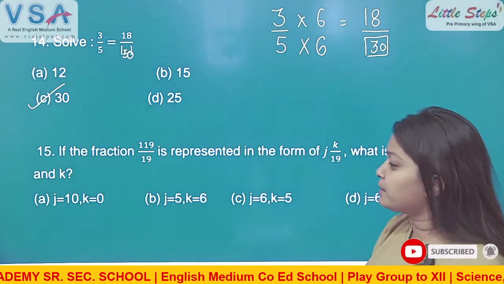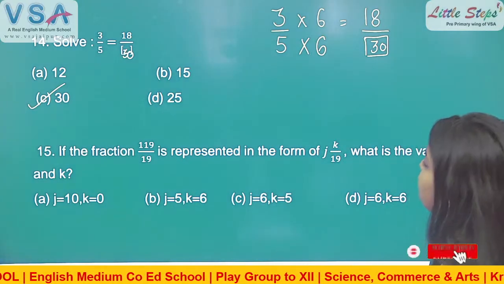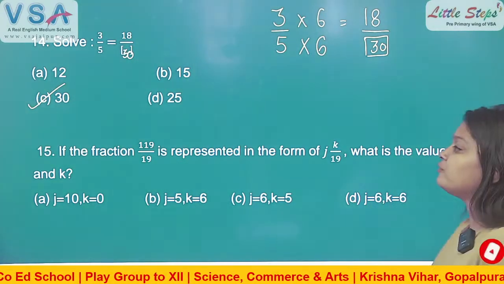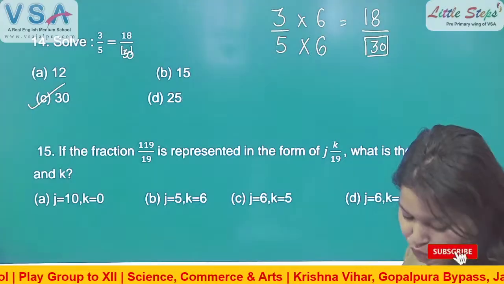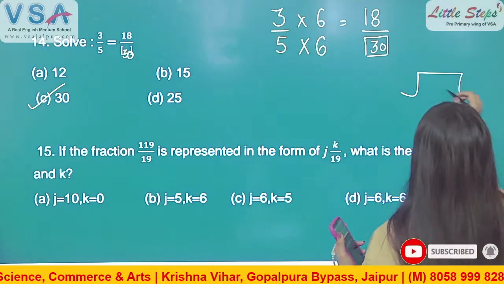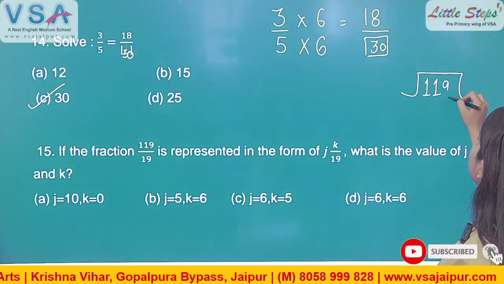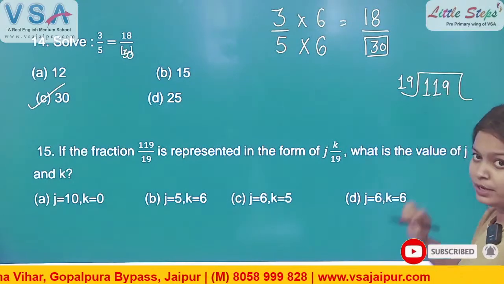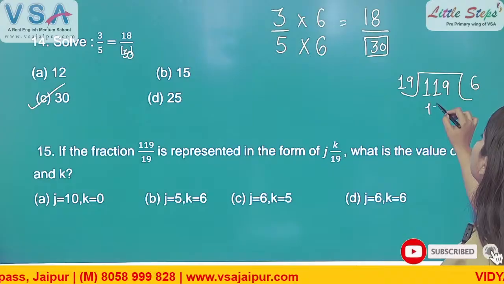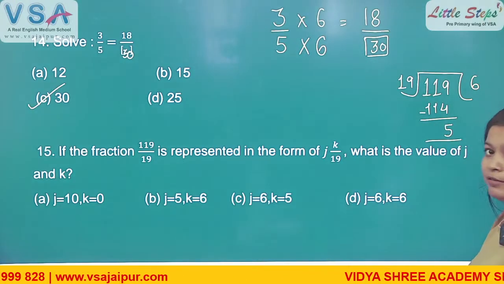In the 15th MCQ, we have to find out if the fraction 119 upon 19 is represented in the form of j k upon 19, what is the value of j and k? What do we need to do? We need to simply divide 119 by 19. As we all know the table of 19, 19 sixes are 114. Let's subtract them. What do we have? 5.